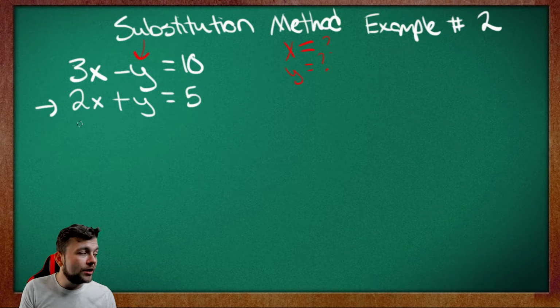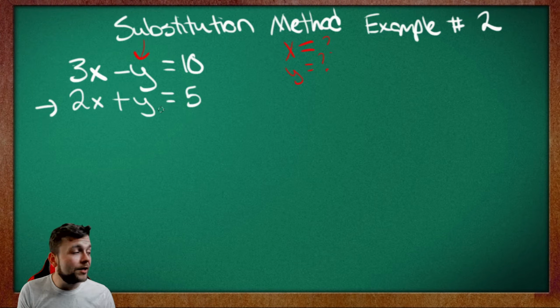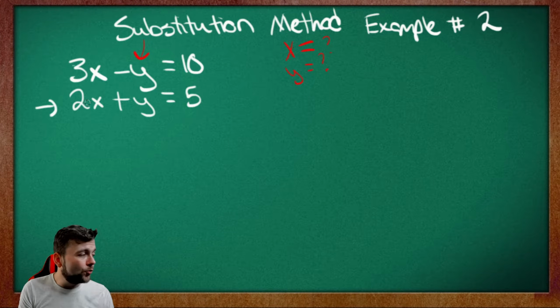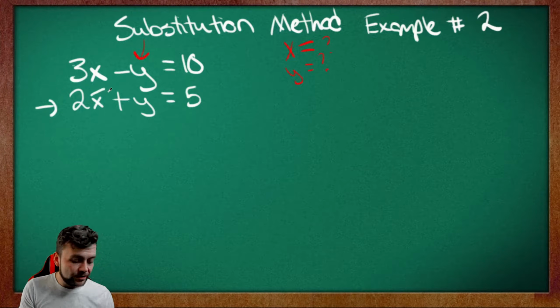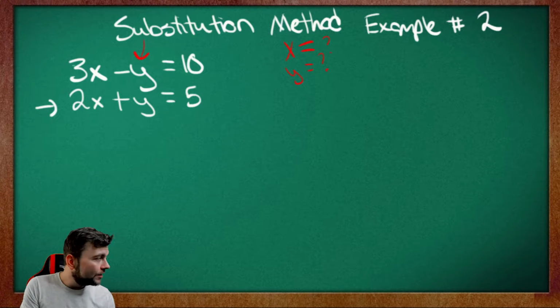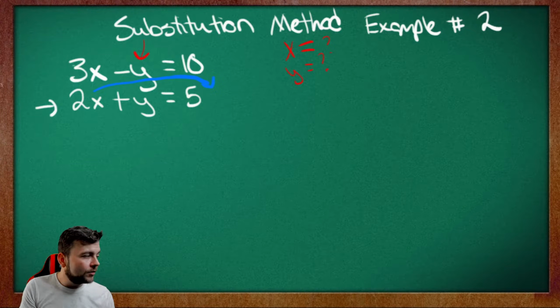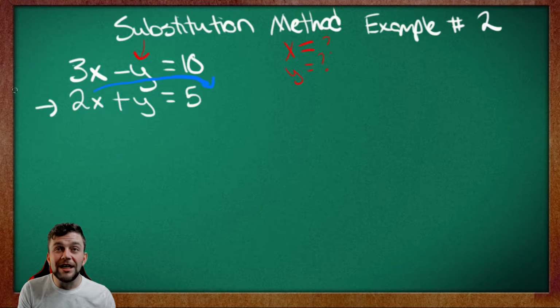So how do we make this equation a y equals problem? Well, we are going to move the entire expression, the whole thing, of 2x over to the other side. So how do we move this? I'll use a different color. How do we move this over here? What is happening to it? How do we get rid of it?